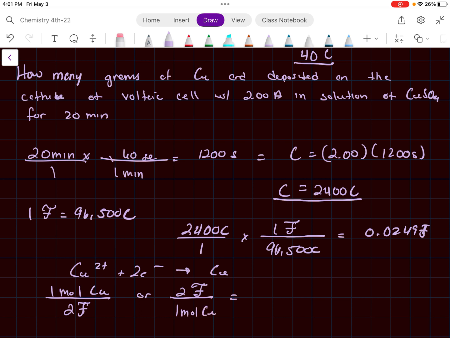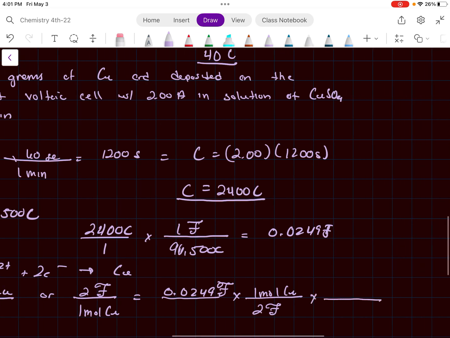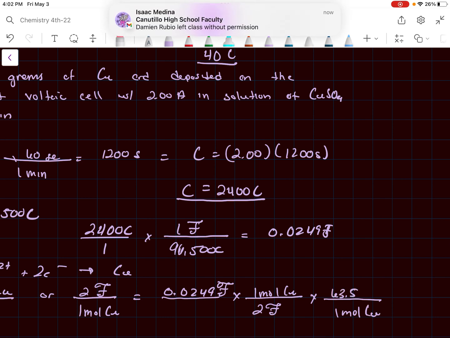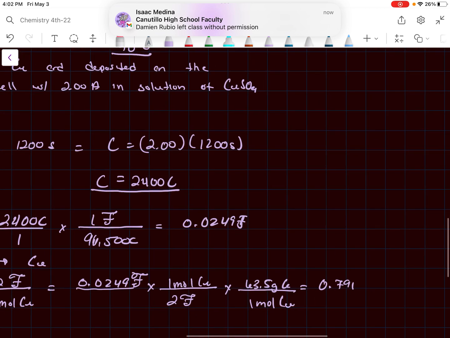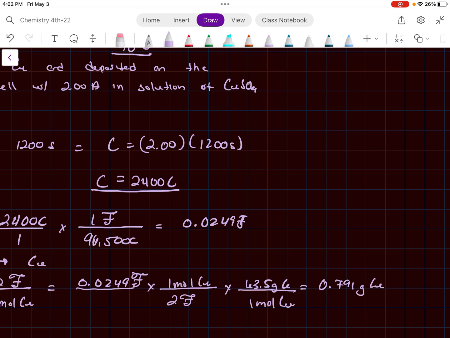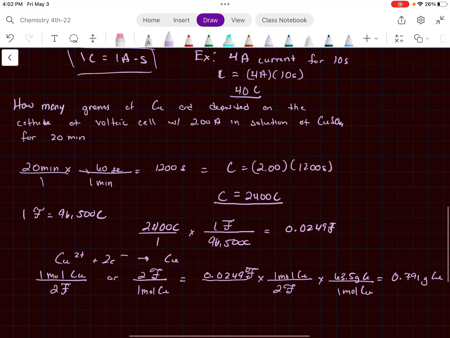Since we have our Faraday, we're going to multiply by our ratio, which gives us that 1 mole of copper is equal to 2 Faraday. I know that 1 mole of copper is equal to 63.5 grams of copper, which gives us 0.791 grams of copper. So all this stuff works in unison, right?